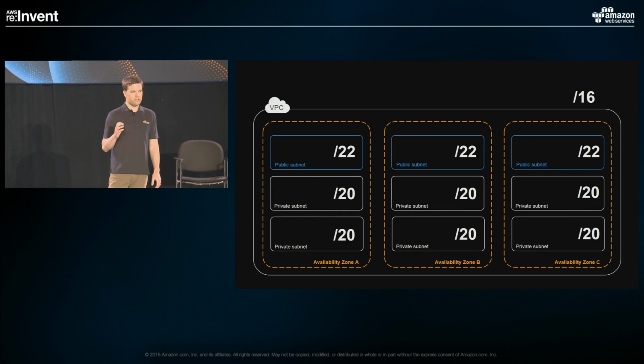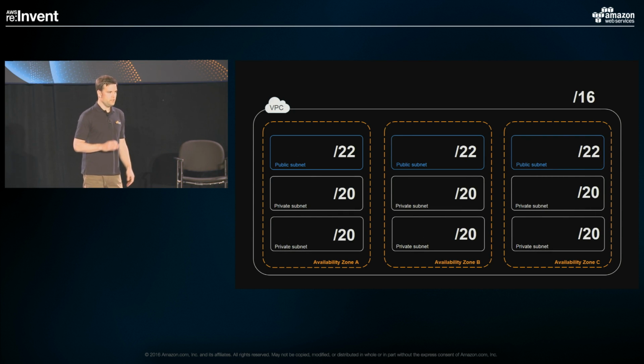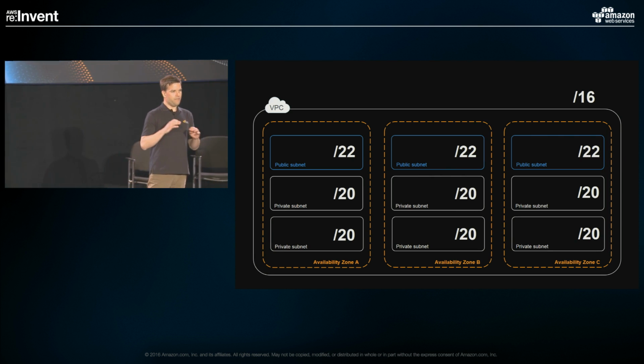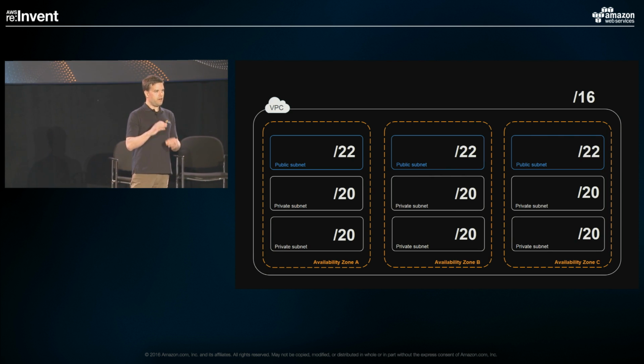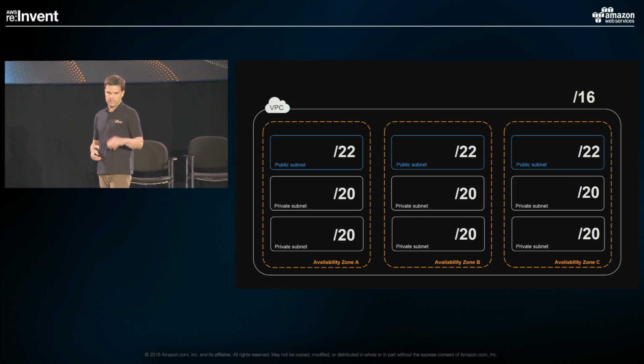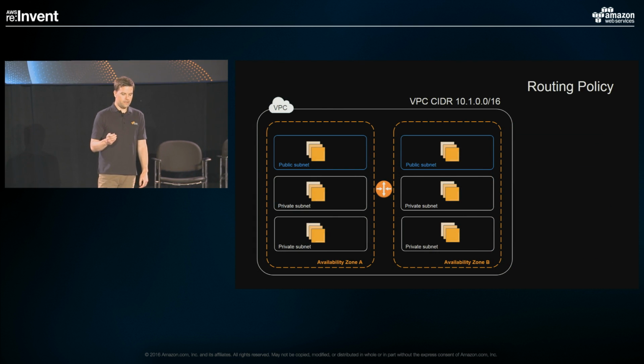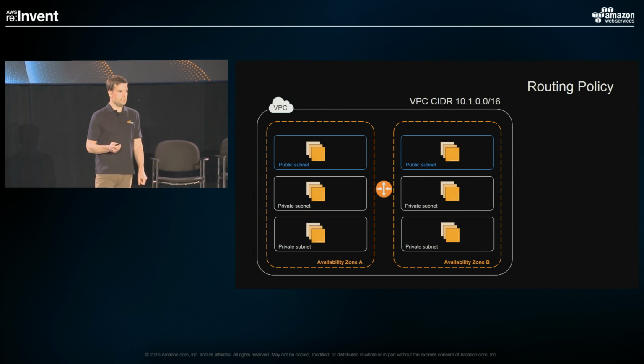But we're actually going to start with 3 subnets per AZ because I do want to focus on that point about routing policy. So I have 3 different routing policies for this VPC, and a subnet dedicated to each one of those routing policies, and we'll go through what that means. So I took my advice and I put a /16 on this VPC.